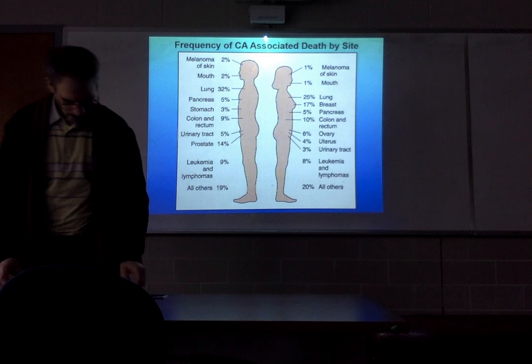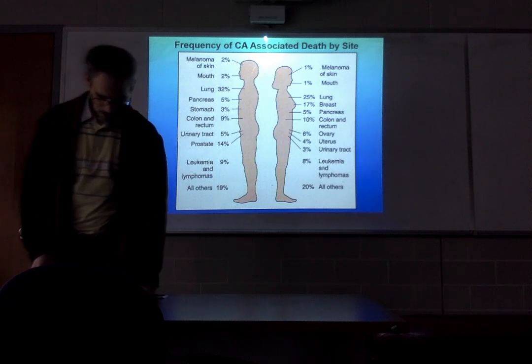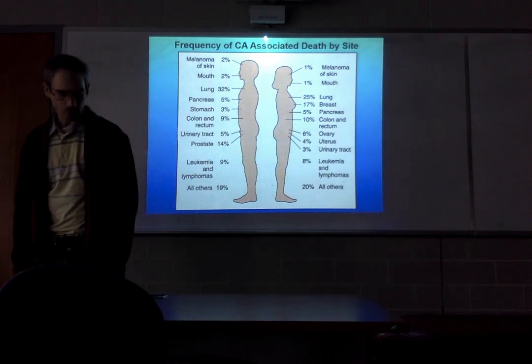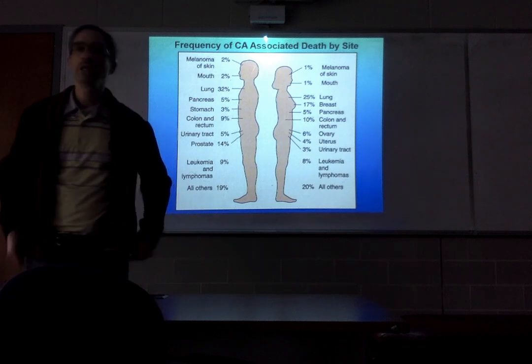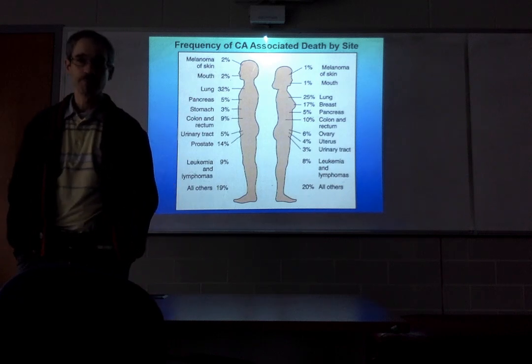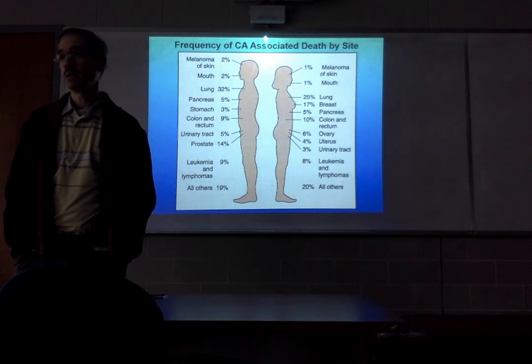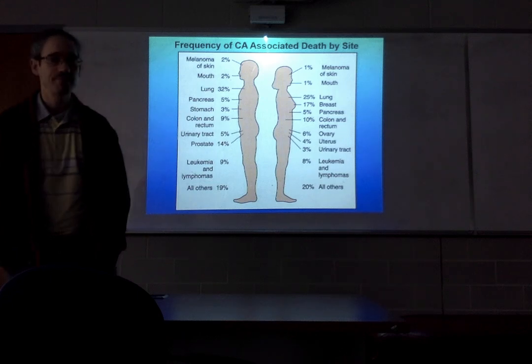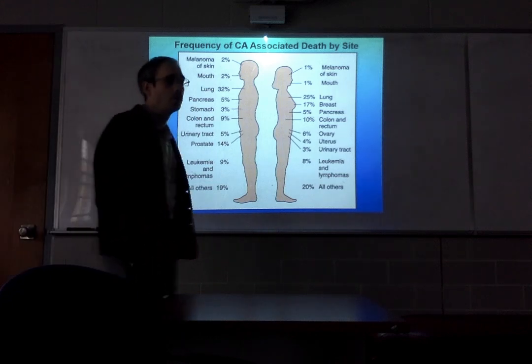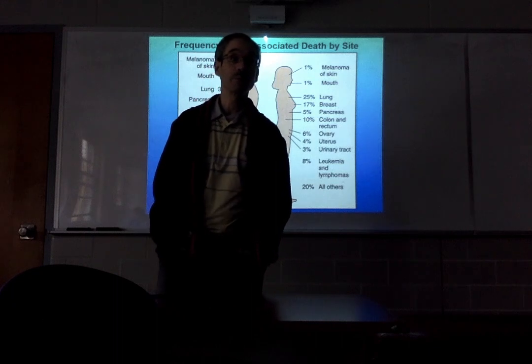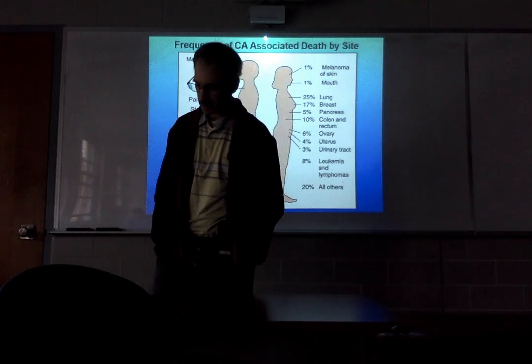All right, let's take a look at some different types of hereditary syndromes associated with the development of cancer. And there are a number of genetic mutations that one could inherit that will predispose them to developing cancer.